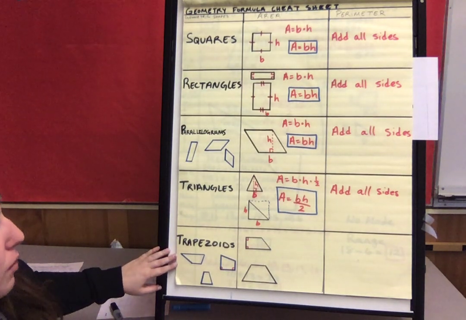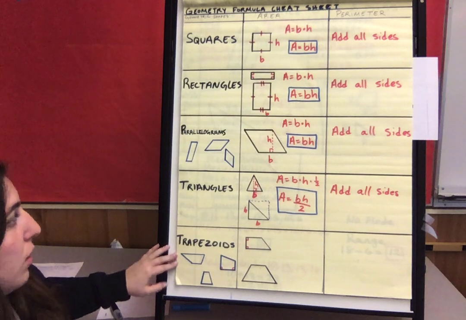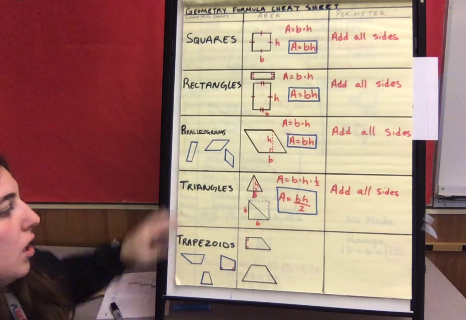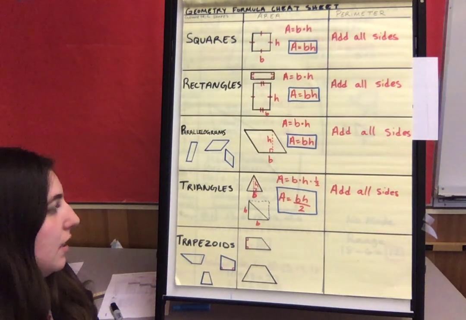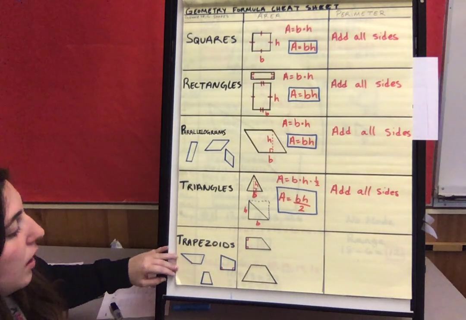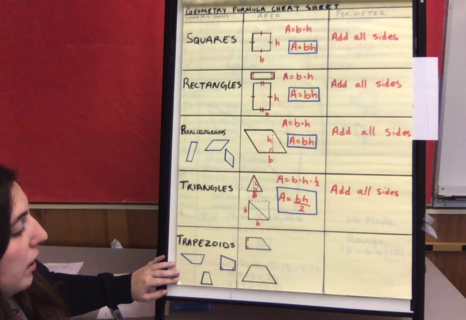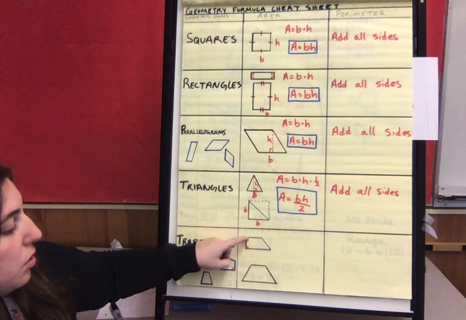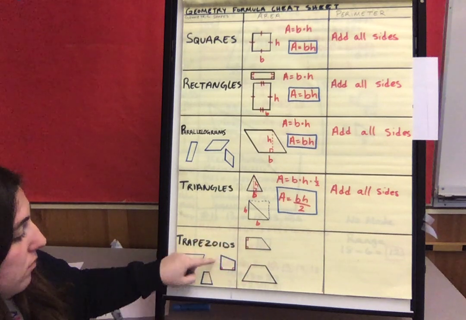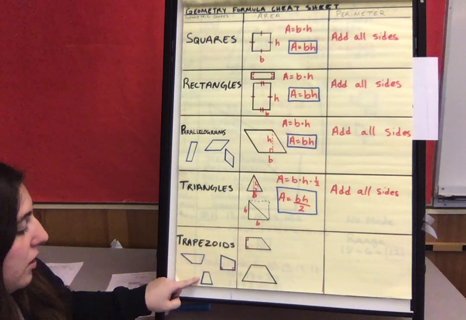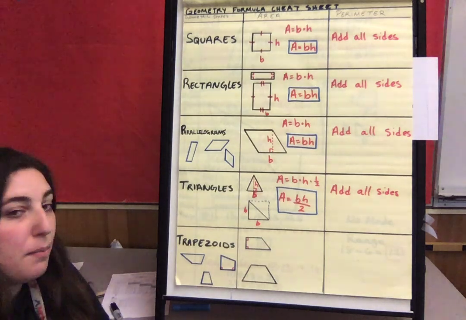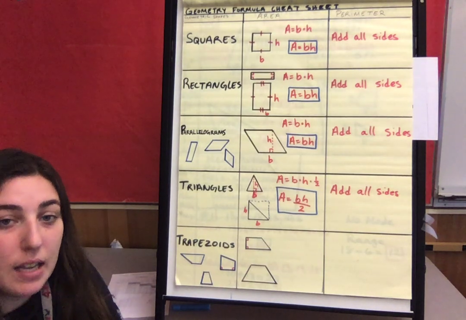Let's talk about real quick the difference between a trapezoid and a parallelogram. One of the main differences between the two is that a trapezoid has two bases. I'm pointing to the bases here, but the bases are not the same length.